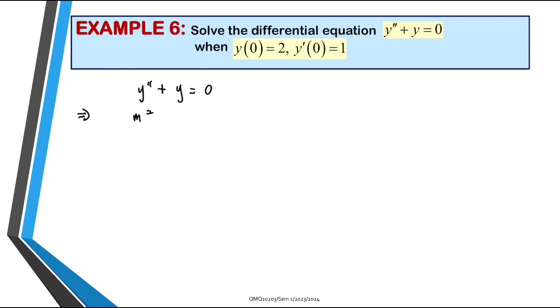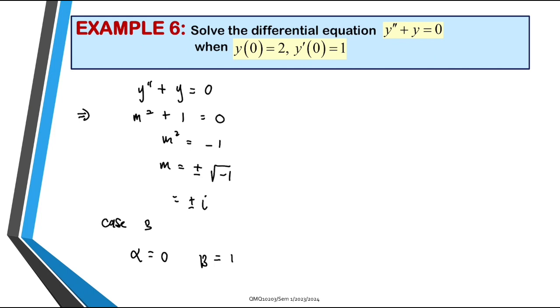So we have m square plus 1 equals 0. So we have m square equals minus 1. So m equals plus or minus square root of minus 1. So square root of minus 1 is i. So this is also case number 3. So we have alpha equals 0 and beta equals 1.